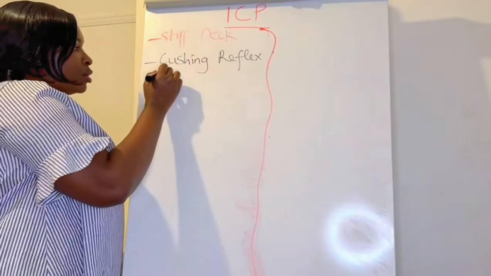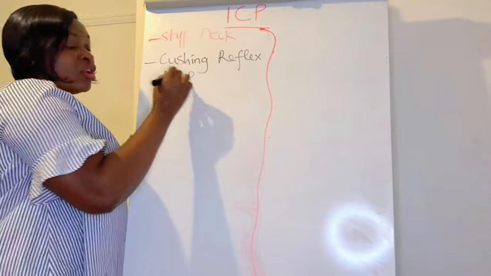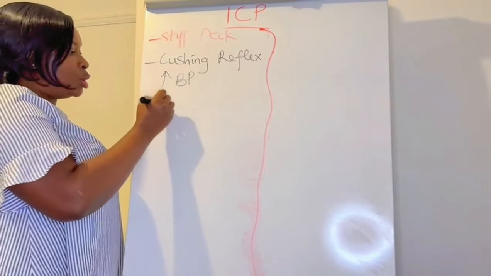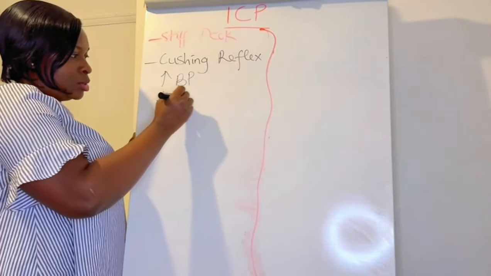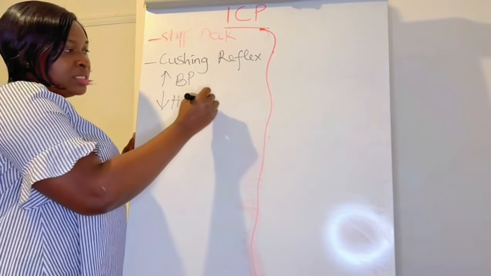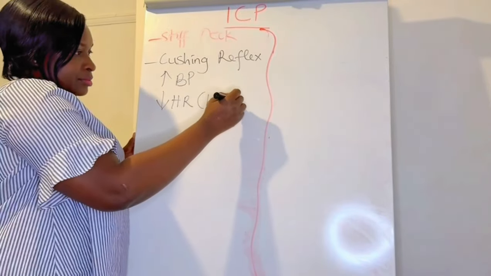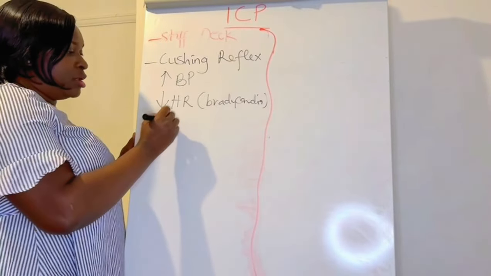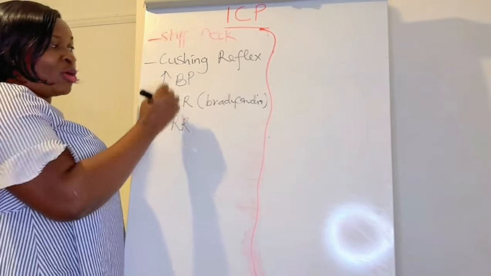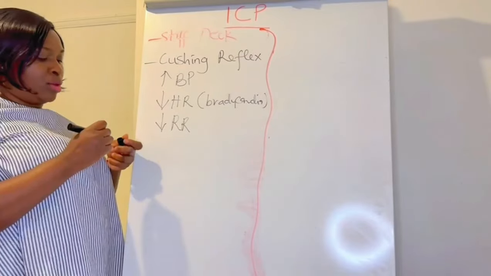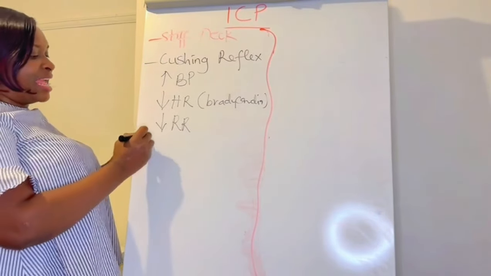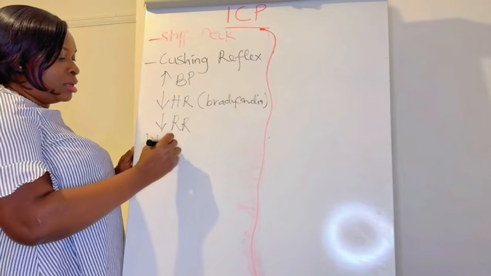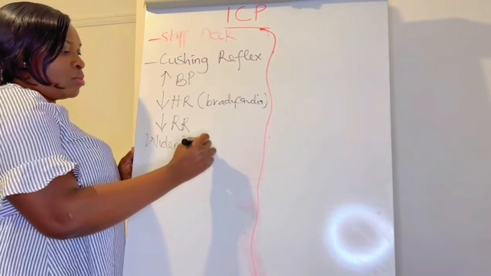Remember, you have your blood pressure increasing, and in compensation, the body is going to drop the heart rate. So the heart rate drops, which is your what? Bradycardia. And we have a drop again in your respiratory rate in compensation of the increasing blood pressure. Okay, and then you have an important one, which is widening pulse pressure.